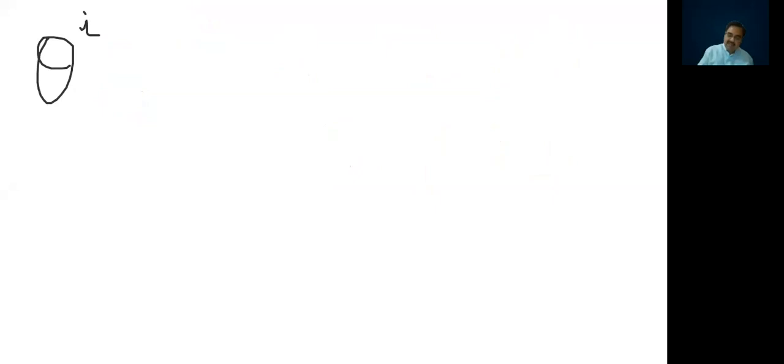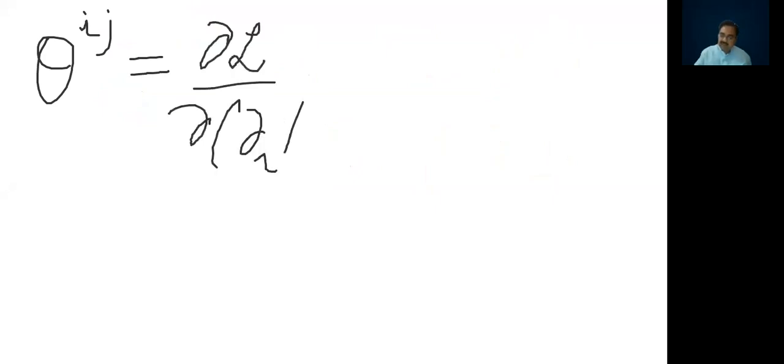theta ij, because it is a tensor of rank 2, we have just obtained, because we want to define the energy for the field. And then you write it as the following, and see that everything should be properly balanced with the tensorial terms. So ∂L over ∂(∂_i A_k), and above it goes ∂_j A_k.